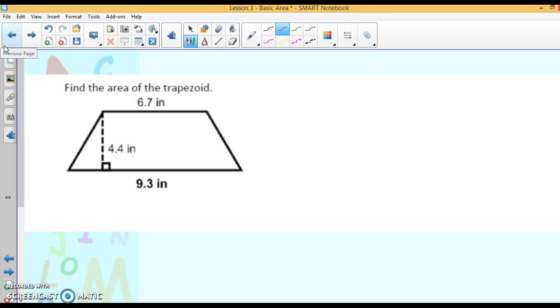All right, find the area of this trapezoid. On your formula sheet, the formula for area of a trapezoid is 1/2 times the height times the quantity b sub 1 plus b sub 2.